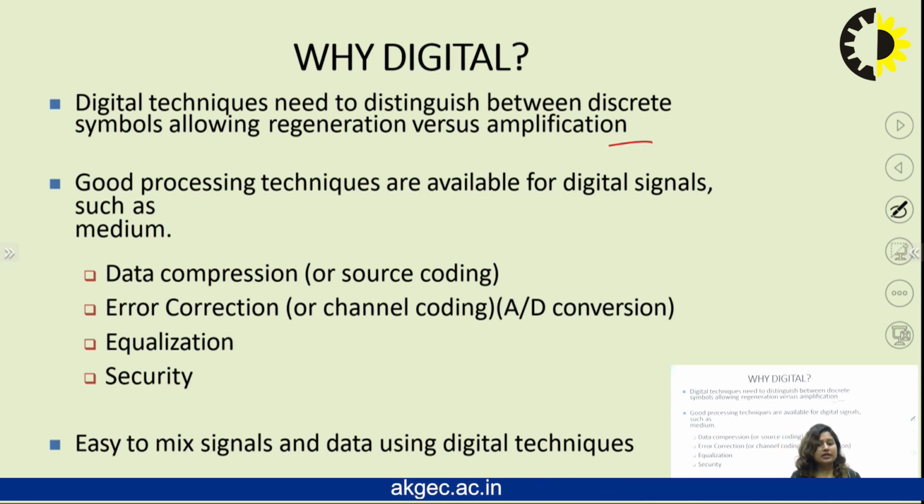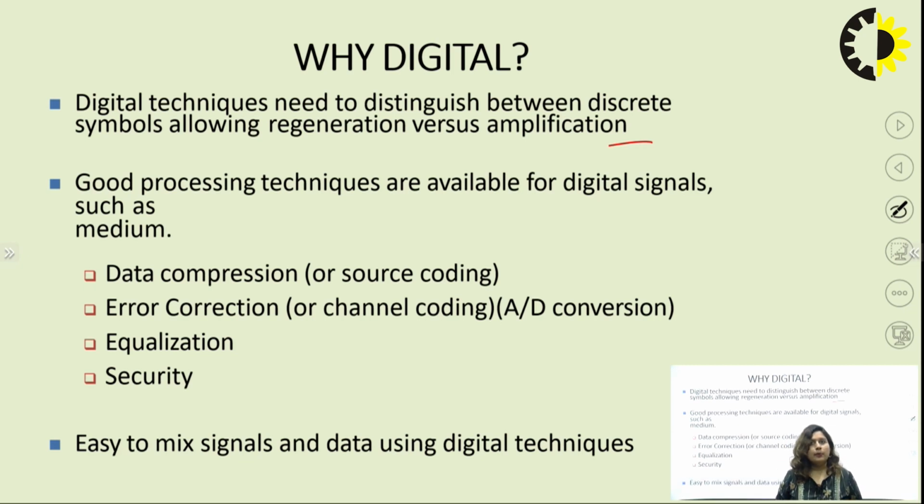In analog techniques, there is no such thing as source coding or channel coding. Basically source coding is a technique of data compression, where we compress the data into the minimum number of bits, and in channel coding there is the possibility of error detection or correction. Then we have equalization techniques in digital, like zero forcing equalizers.